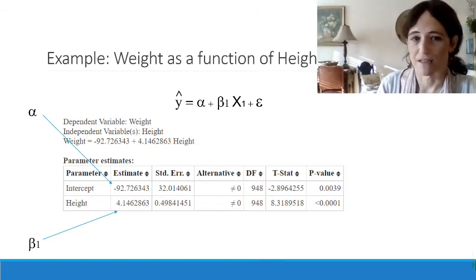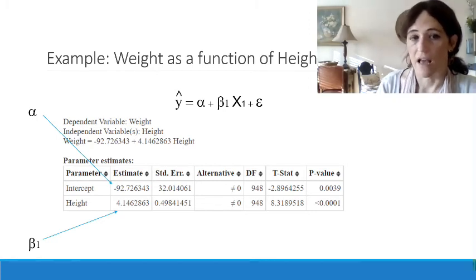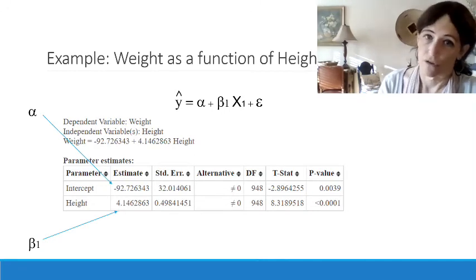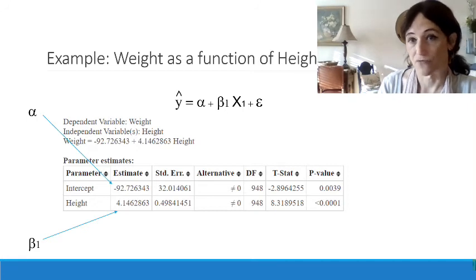If we want to predict the actual weight of someone given X, we would take that intercept value, or our constant, and then add our height times whatever our observed value is. So if someone's 70 inches tall, it'll be 70 times 4, or 280. We add that to negative 92, and that would be the predicted weight.